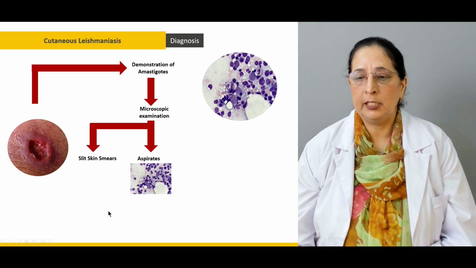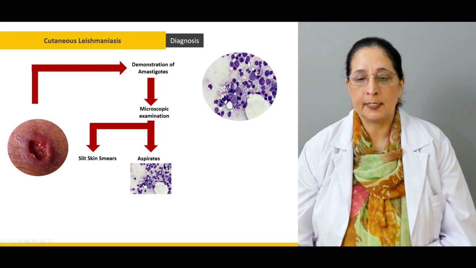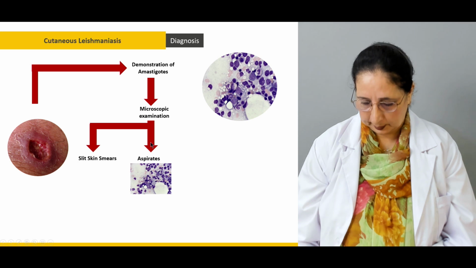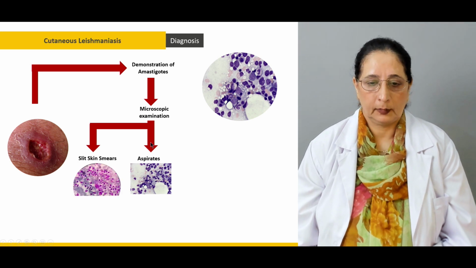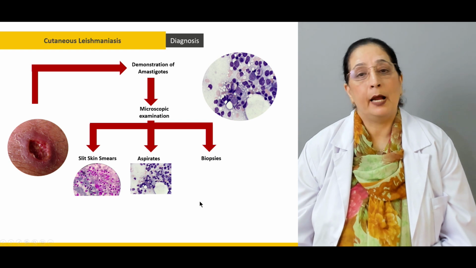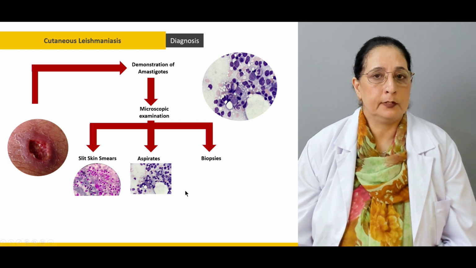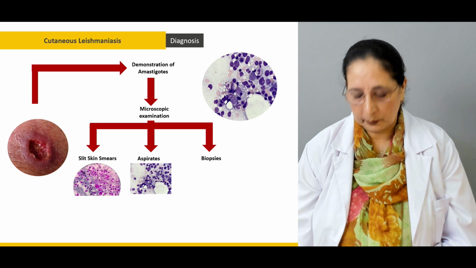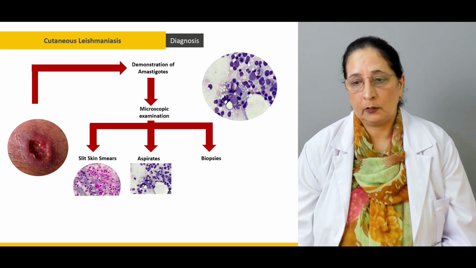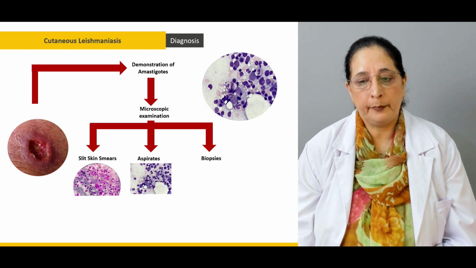These are the microscopic appearances that tell us the presence of amastigotes. Also, finally, the biopsy. Biopsy is also helpful in the diagnosis of leishmaniasis, and that can also be performed.